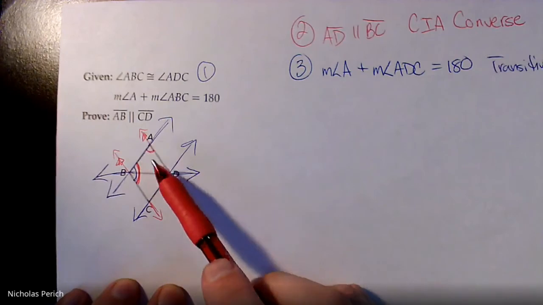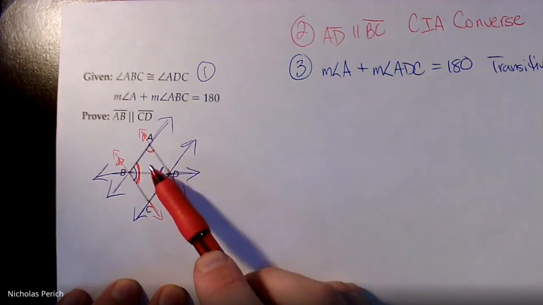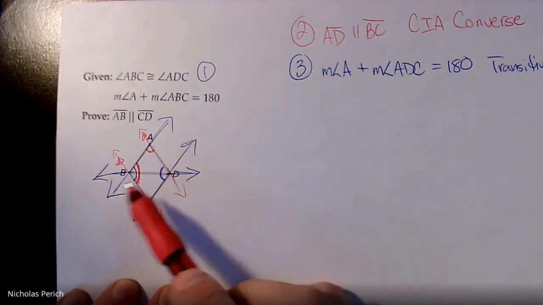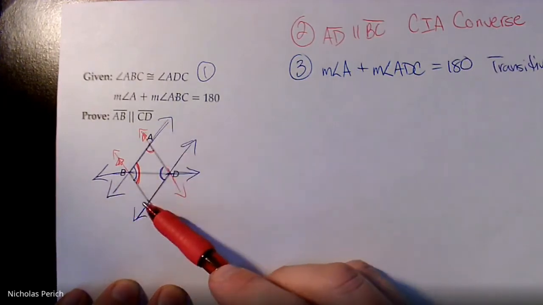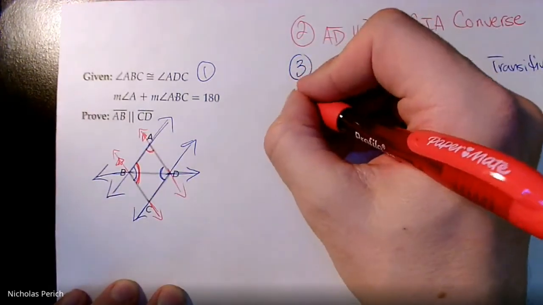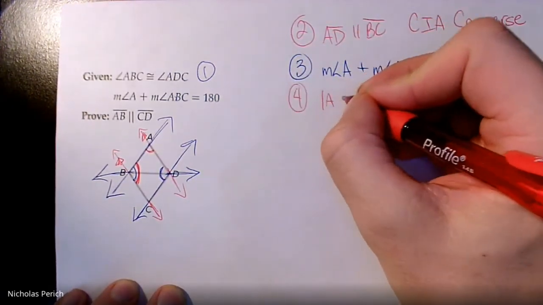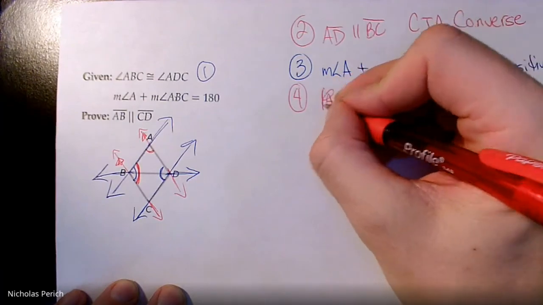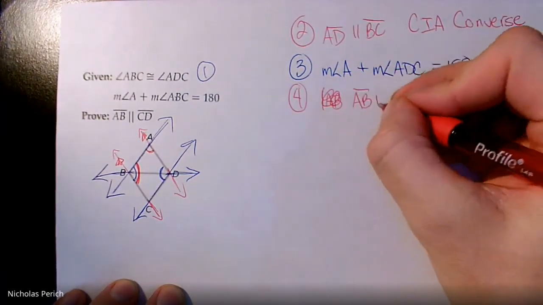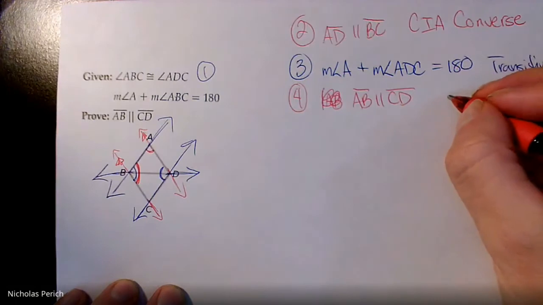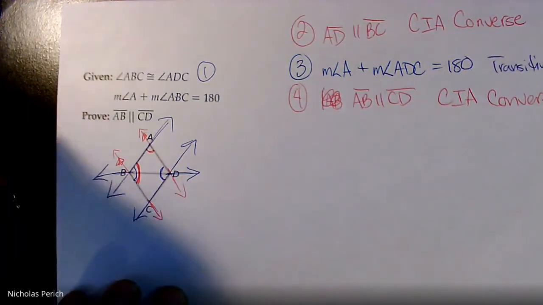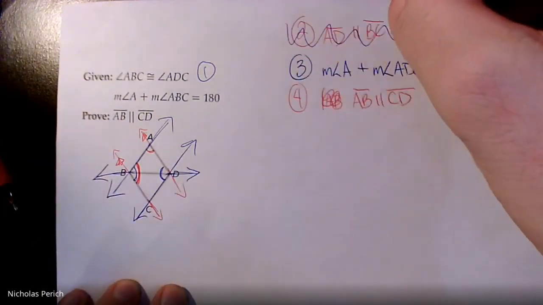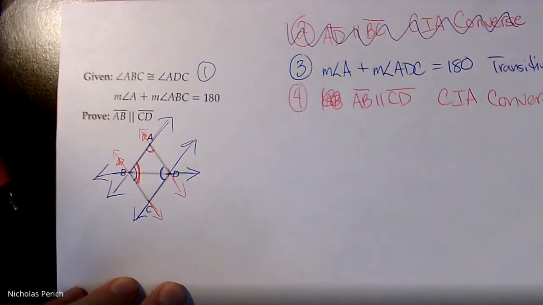These are also consecutive interior angles of AB and CD. So AB and CD are parallel. And that's also the consecutive interior angles converse. And fun fact, I don't need this. It doesn't help us. It's not what I'm trying to prove.